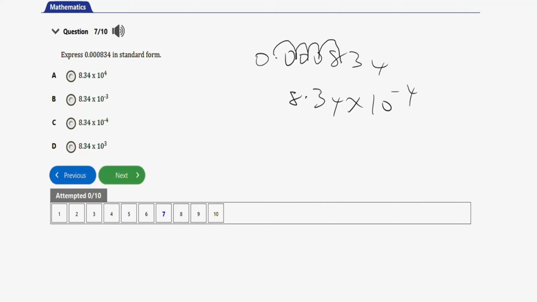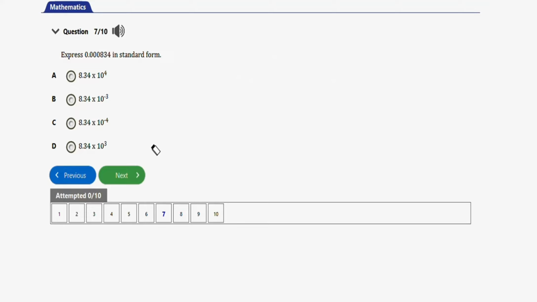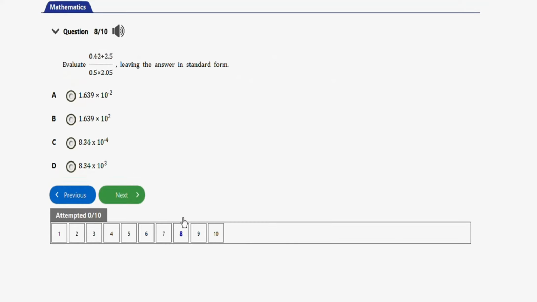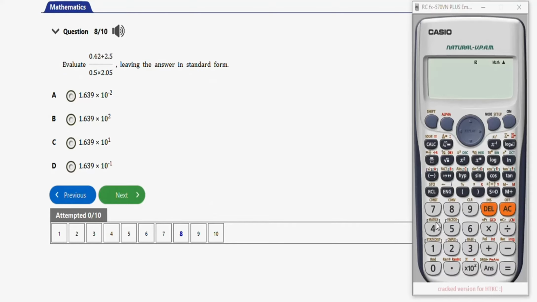Okay, so let's wipe this and look at question 8. We're making progress. Question 8 says evaluate this, leaving the answer in standard form. So let's get the calculator. It's in fraction form.